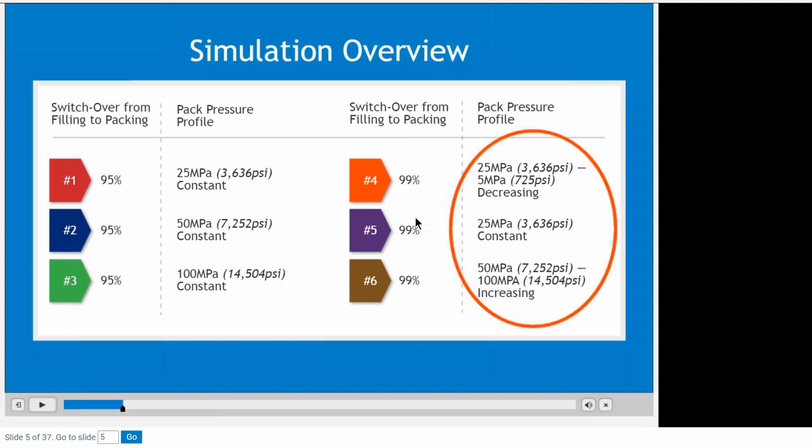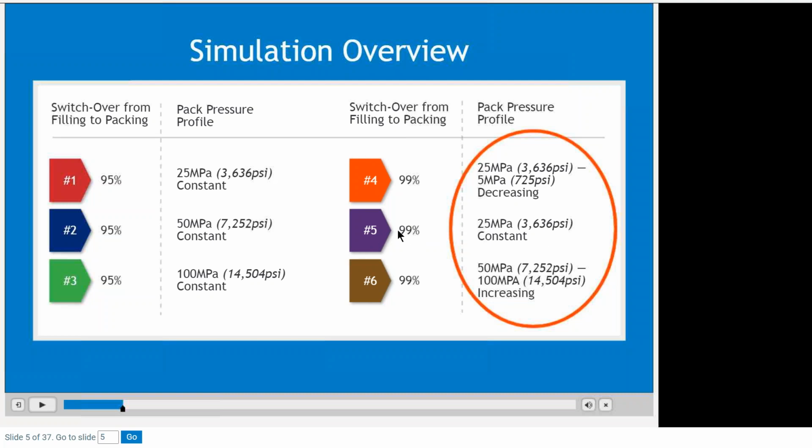The second part is we switch over much later at 99% and have various pressure profiles. Here is a pressure profile where we start out with 25 megapascals and then decrease it to 5. Then the second one here is at 99% switchover with a constant 25 megapascal pressure profile.